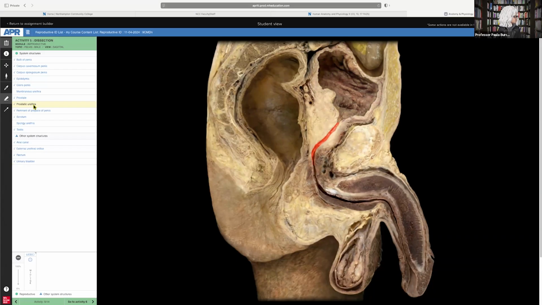And from there, you are going to go into the membranous urethra, which is going through the urogenital diaphragm. And then you will move into the spongy urethra or penile urethra, which is going to go through the penis. So remember, the corpus spongiosum is going to then surround the spongy urethra.